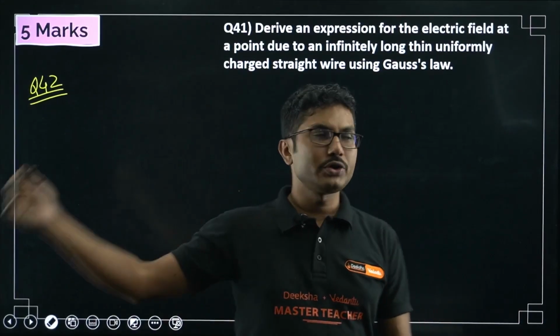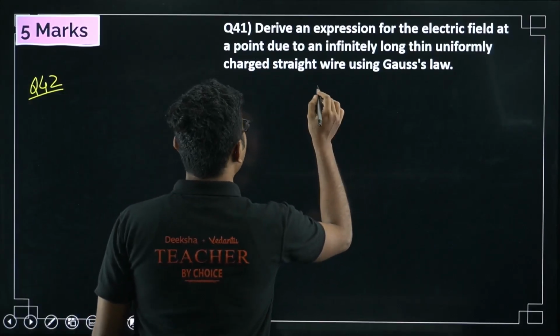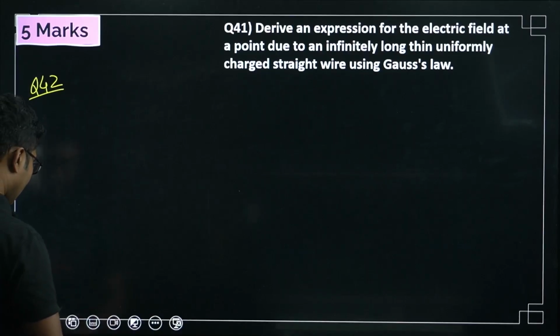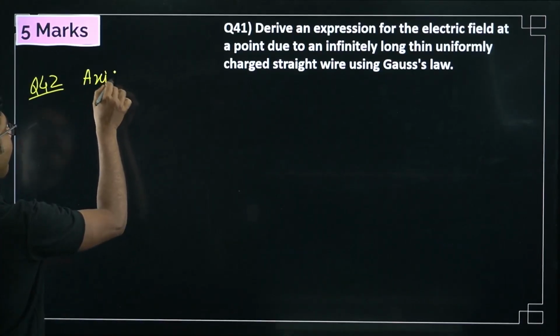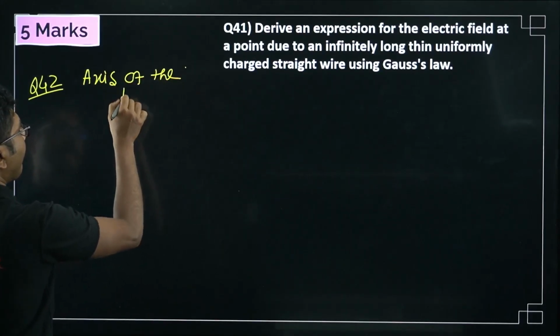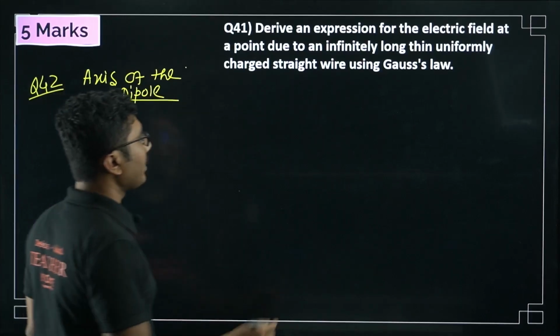From all the dipole related questions, axis is the most commonly asked. This is question number 42. As I said, for the electric dipole, we will be solving on the axis of the electric dipole. Axial position, very common.